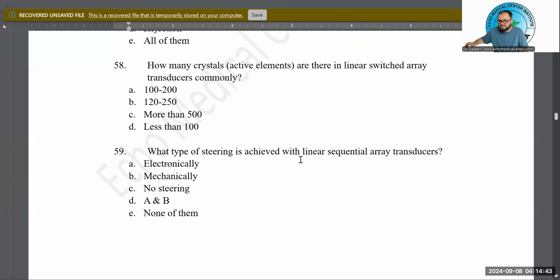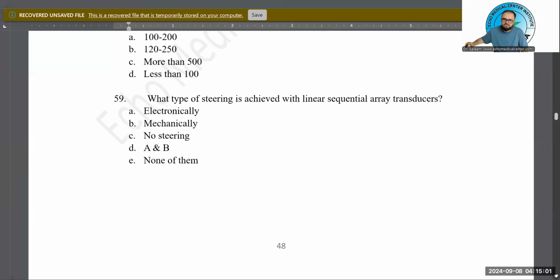Keep in mind, they're asking about the linear sequential array transducer. Yes, that is correct. C is the correct answer. There is no steering on the linear sequential array transducer. That is absolutely correct.